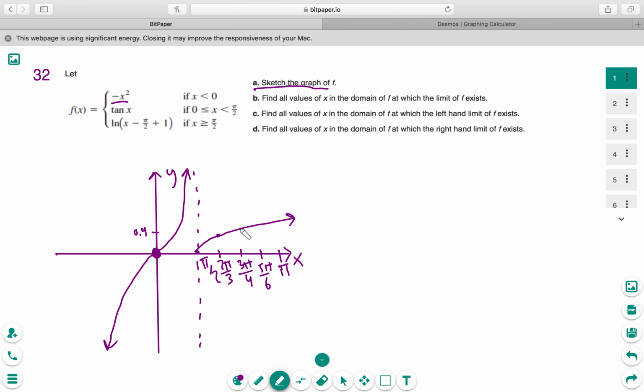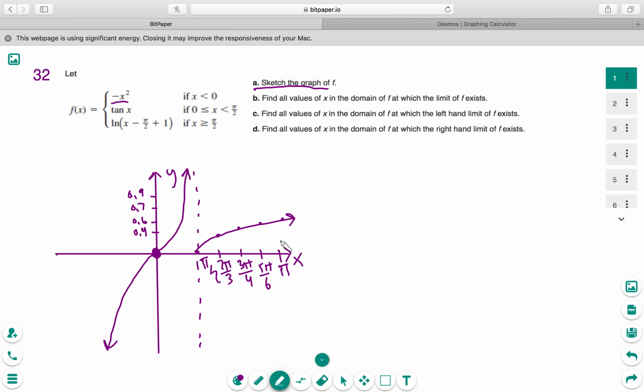Now this one right here, 0.6. Then we have right here, 0.7. And the last one, where it's pi, is going to be, and it doesn't fit, I just don't have room for all these numbers, 0.9.